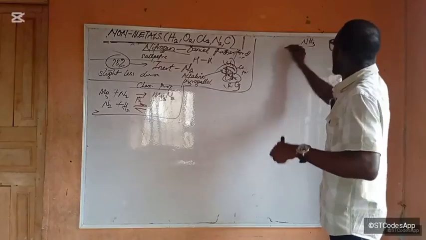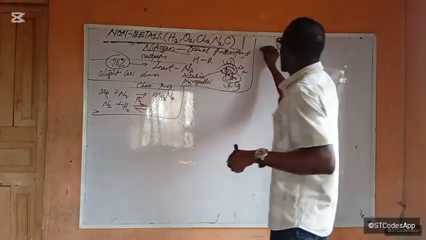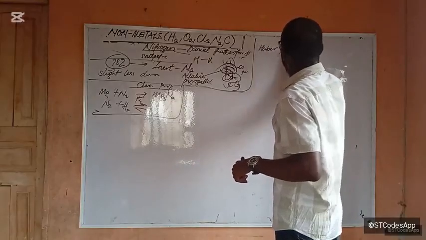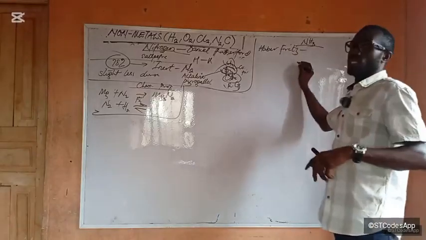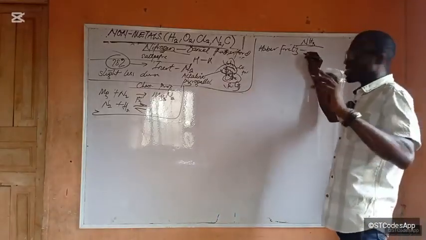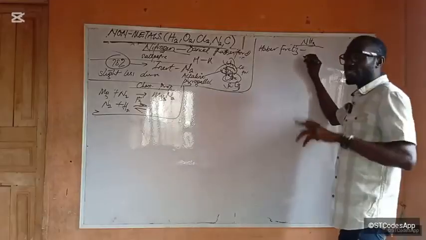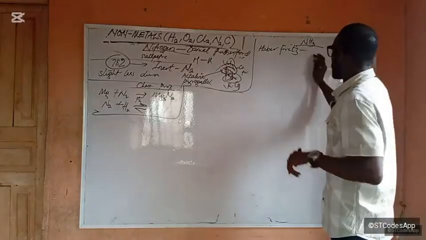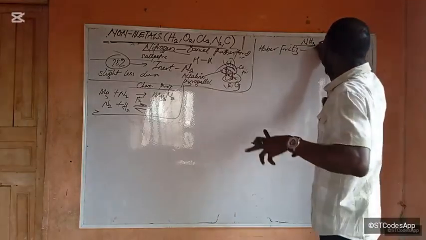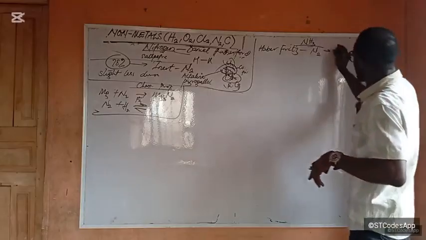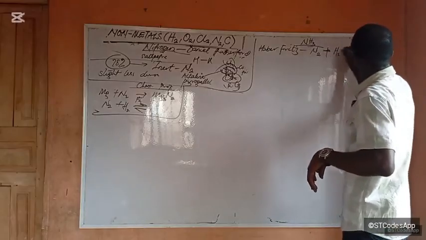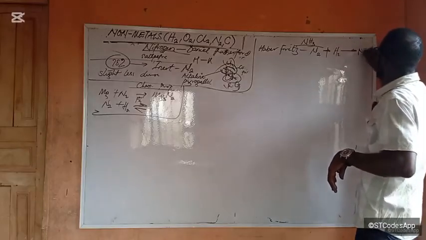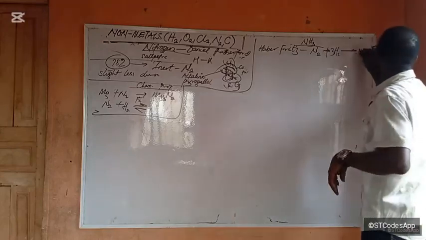Ammonia is NH3. Now, industrially, it was Haber-Fritz who prepared it in the 1940s, during the Second World War. That's between 1939 and 1945. So that was when. Haber prepared it by this process, N2 plus H2 to give NH3. You balance it this way.